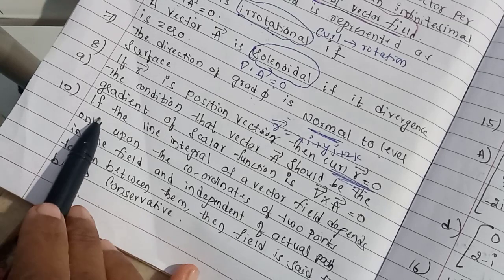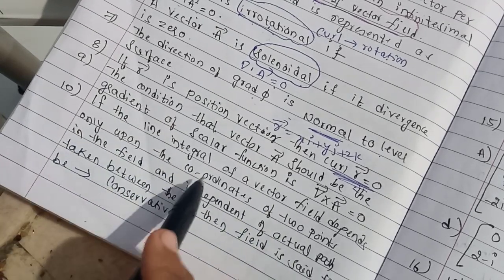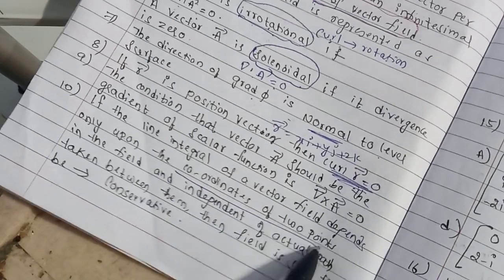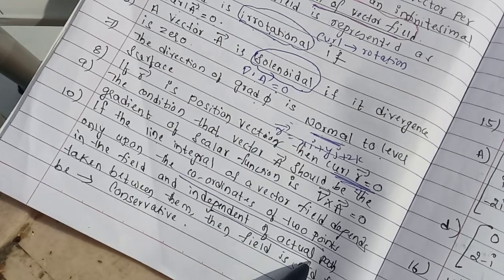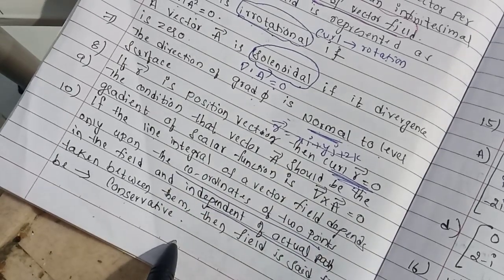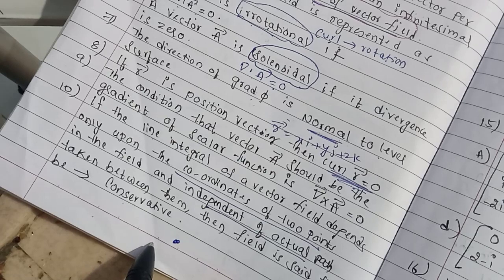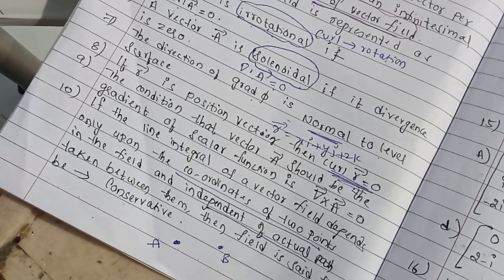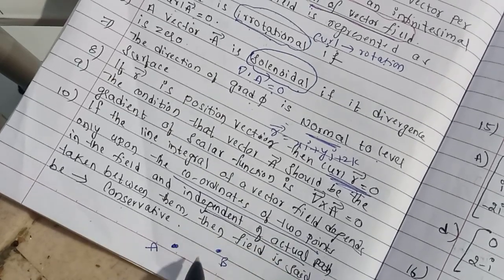Now next, if the line integral of a vector field depends only upon the coordinates of 2 points in the field, and is independent of the actual path, we call it conservative. Means, now only I said, no, if we trace the path, any object, let us assume that it started from A and its destination is B. Then what is it saying?